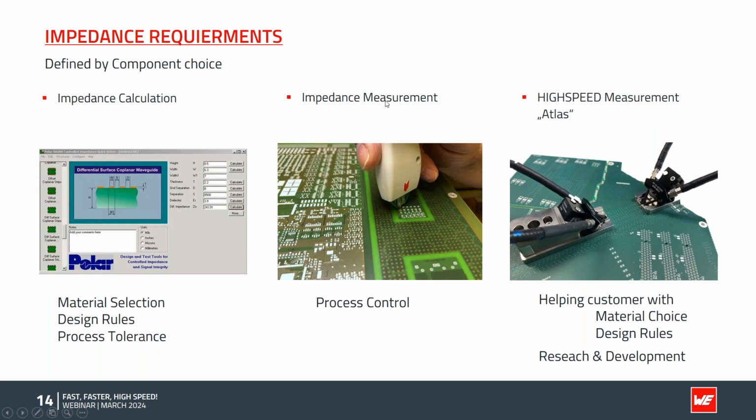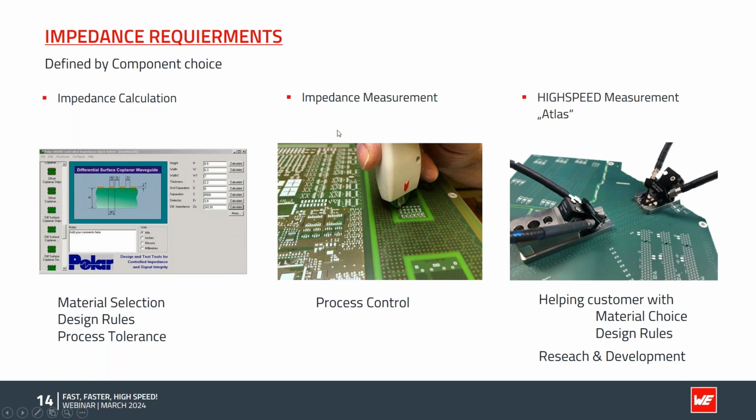And again, if you are knowing Würth Elektronik for some years, you know we can create you the impedance calculation, helps you by material selection, the design rules, and also we include the process tolerances that we really can produce this board stable.